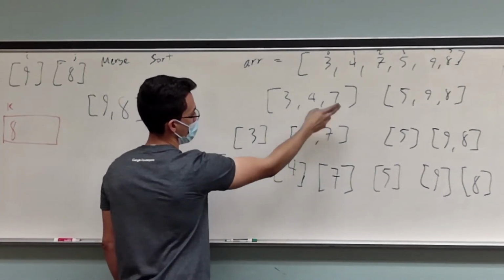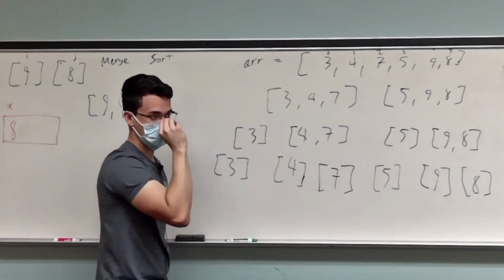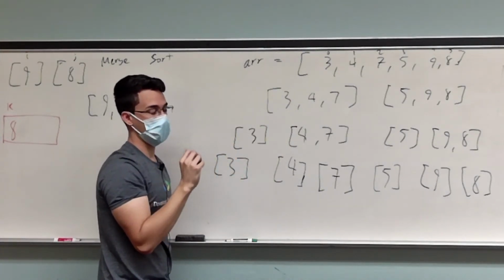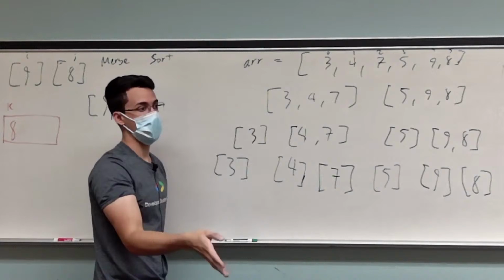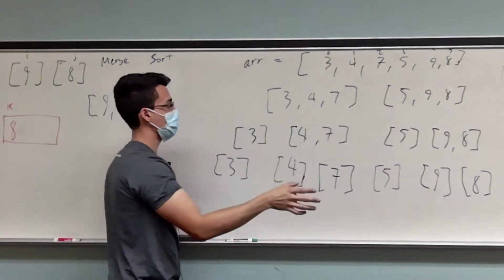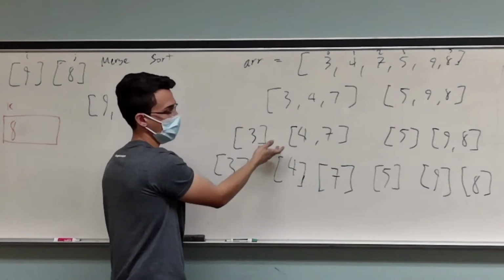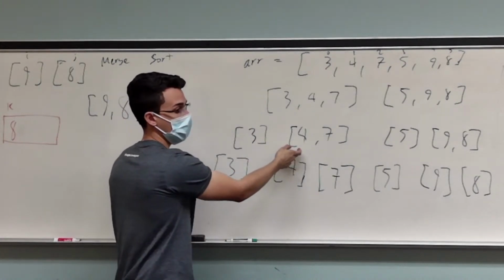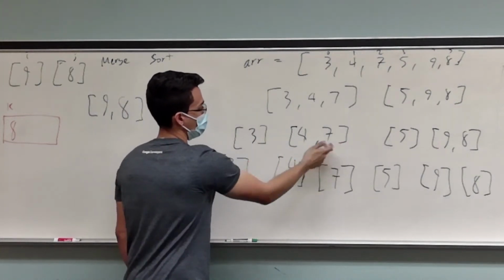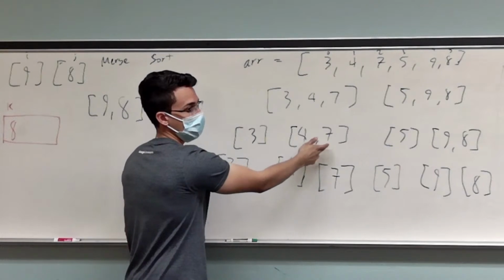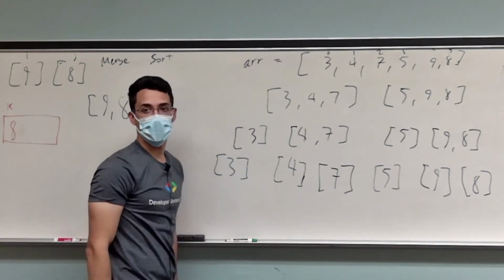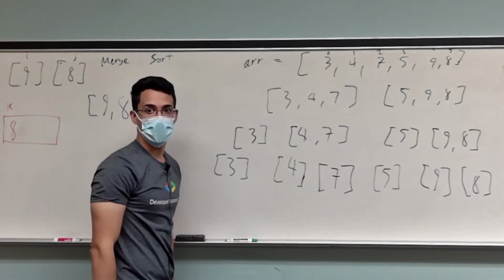So size is 3, right? And what's half of 3? That's 1.5. Okay, so I'm going to floor that and make it 1. So I'm going to cut it up into 0 to 1, but you don't include 1, right? And then 1 to 3, but you don't include 3, so 1 to 2. Okay, that was confusing. When you divide it, is it floor or does it round up?